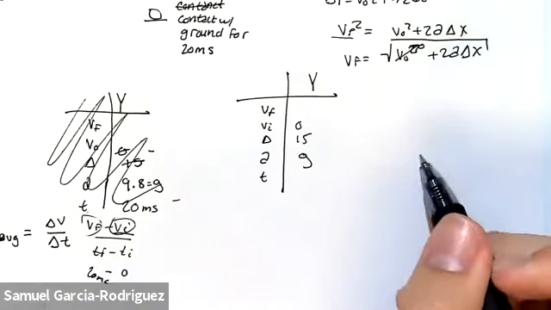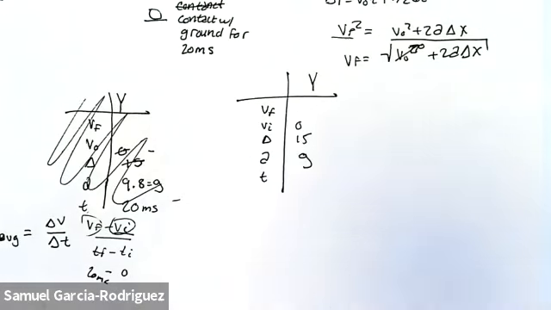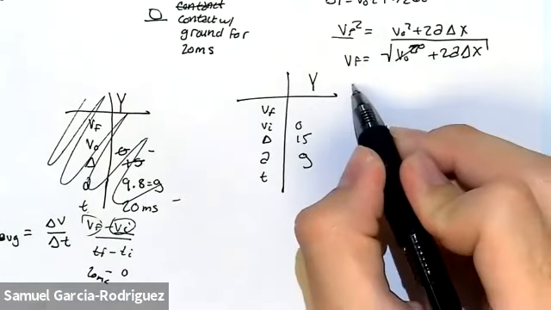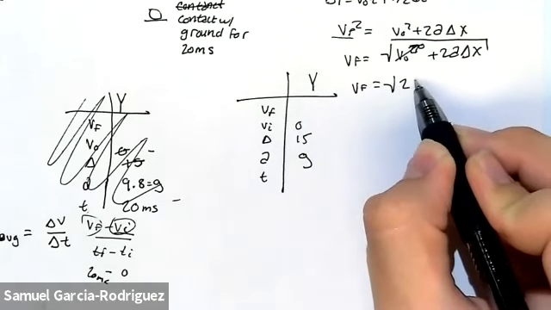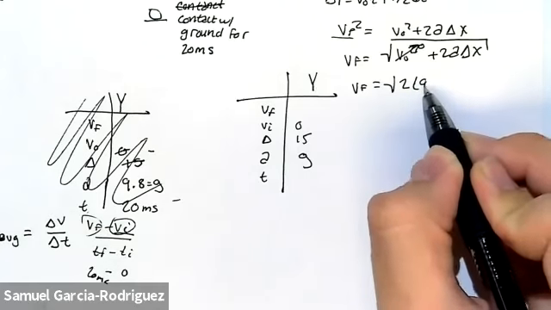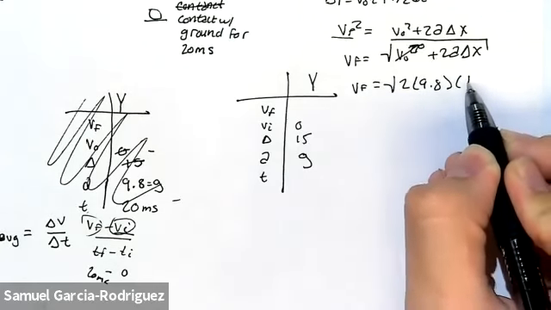So from here we're going to plug in. VF equals the square root of 2 times 9.8 times 15.